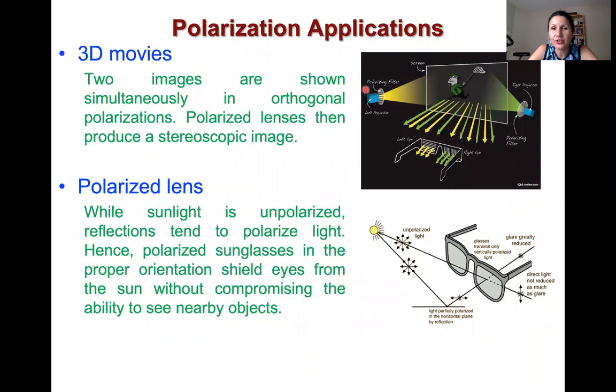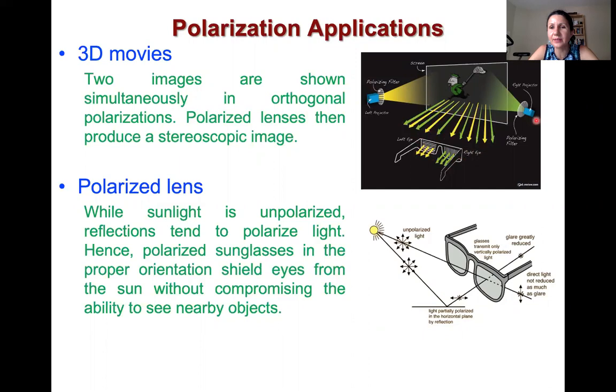There are two projectors here, and they're projecting the movie with different polarizations. And these glasses that you have to wear in order to get the 3D movie experience have, for your right and your left eye, two polarizers in opposite orientations.